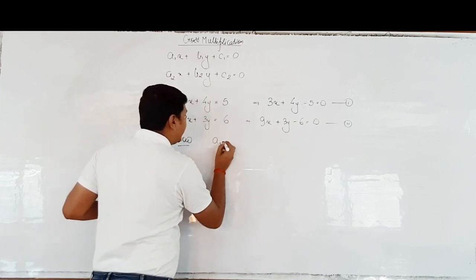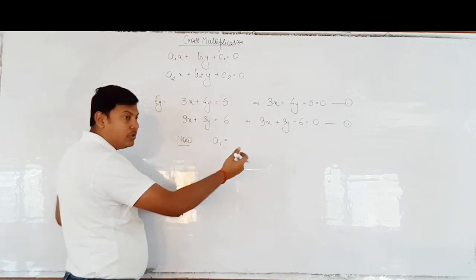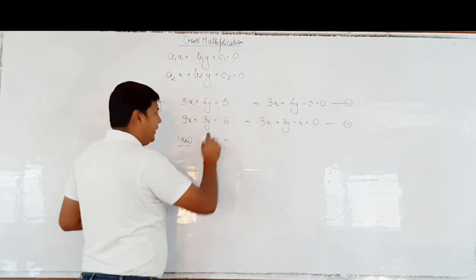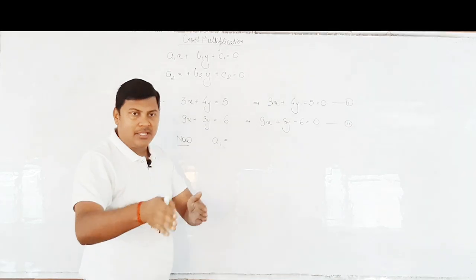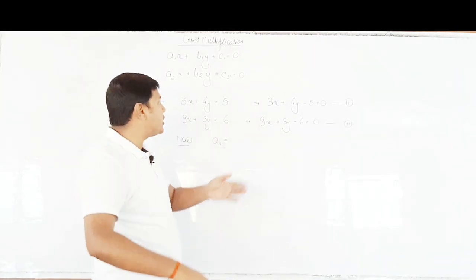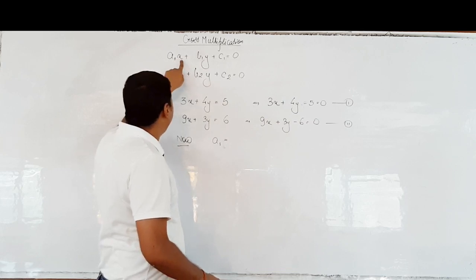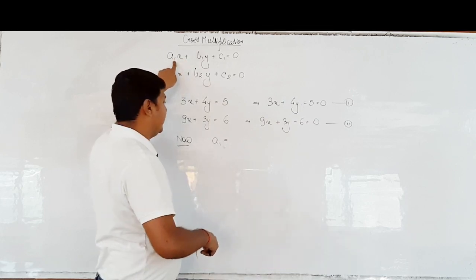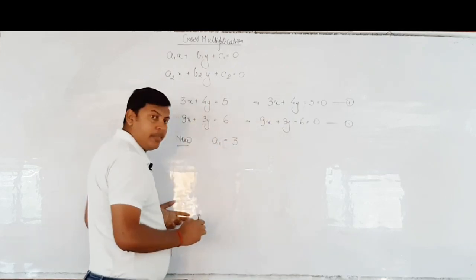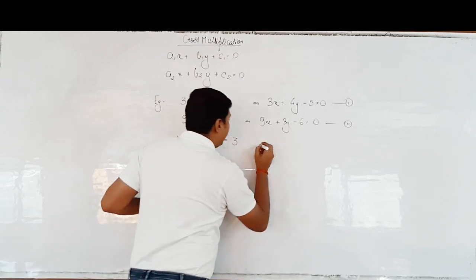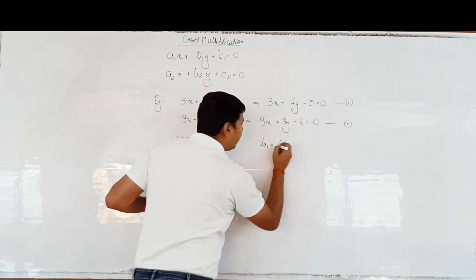Now we'll write a1. I think everybody is clear about a1. a1 is the coefficient of x. I explained earlier what coefficient means. The coefficient of x in the first equation is a1, which would be 3. b1 is the coefficient of y in the first equation, that is 4.